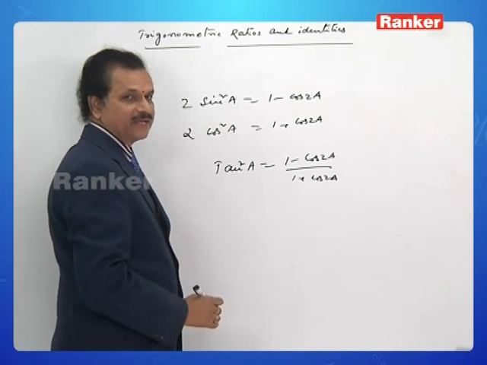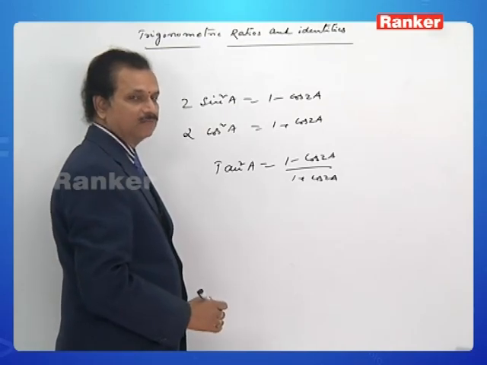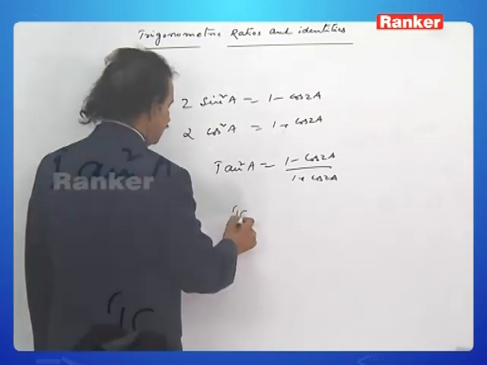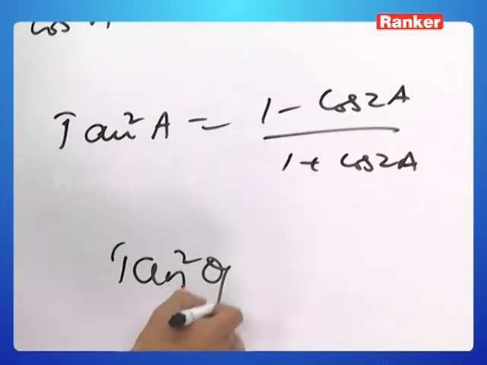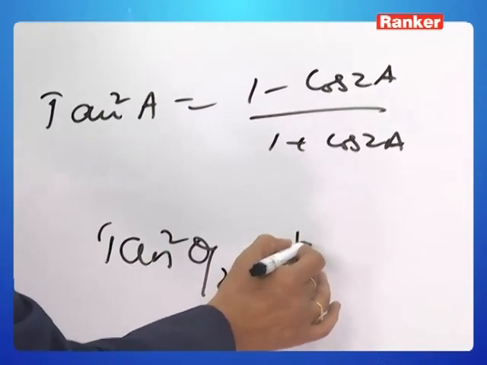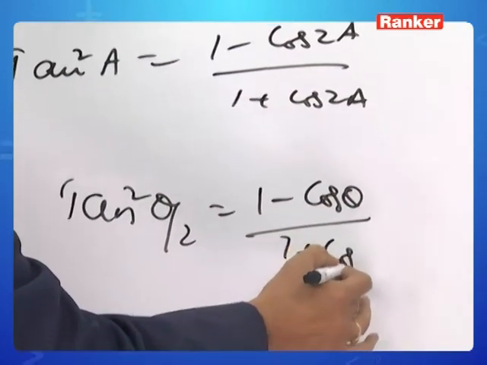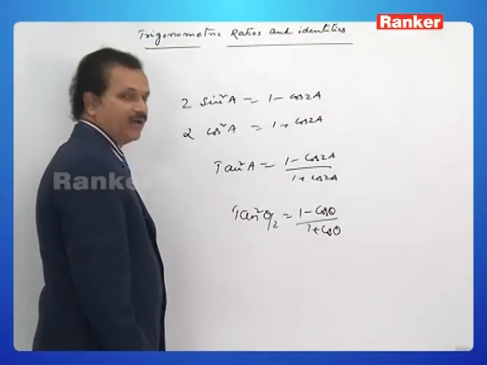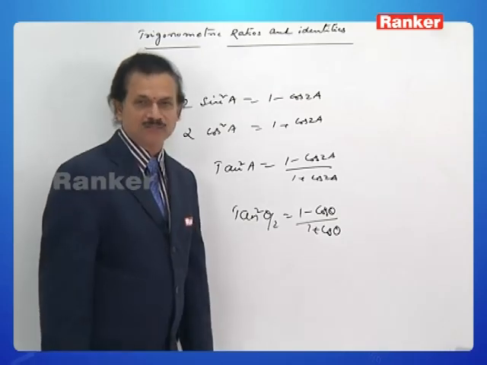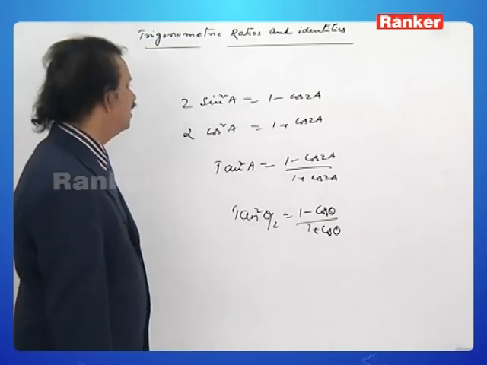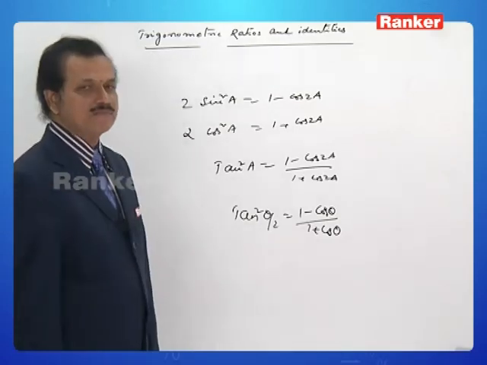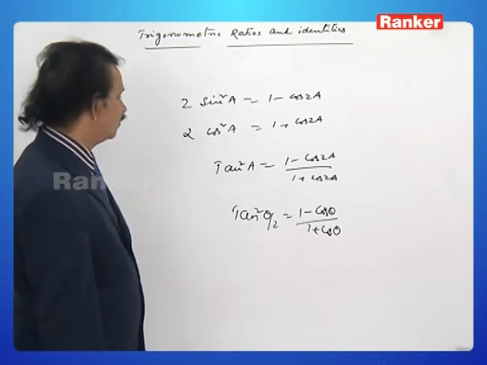And if you replace a by theta by 2, you have tan square theta by 2 is equal to 1 minus cos theta by 1 plus cos theta. Automatically, cot square theta by 2 is equal to 1 plus cos theta by 1 minus cos theta. Cot square a is equal to 1 plus cos 2a by 1 minus cos 2a.